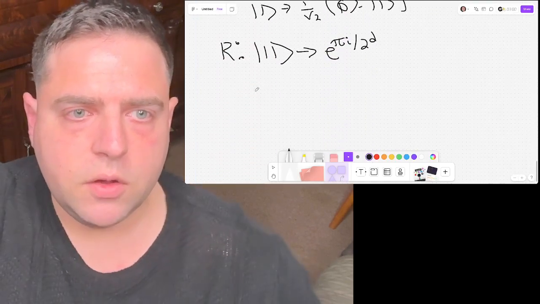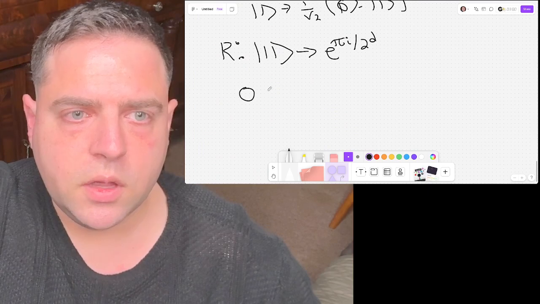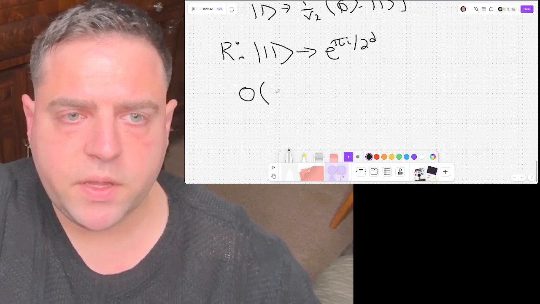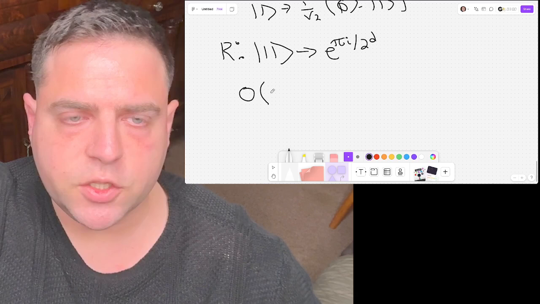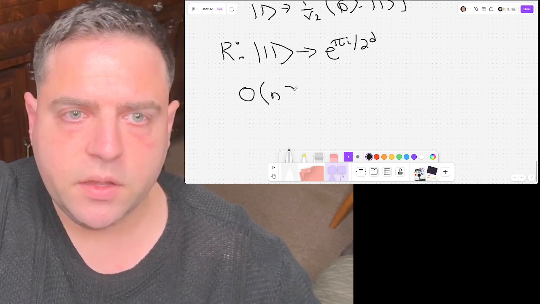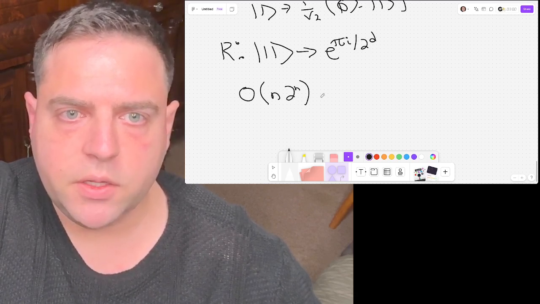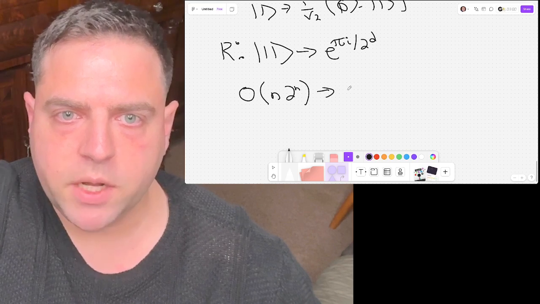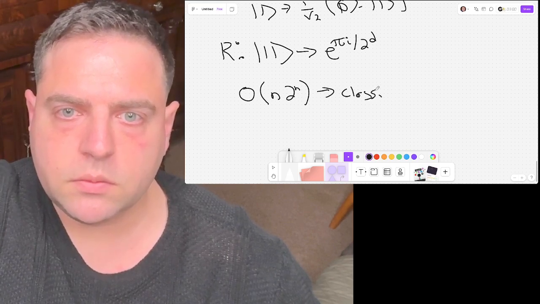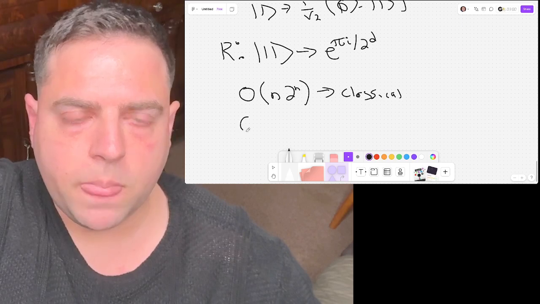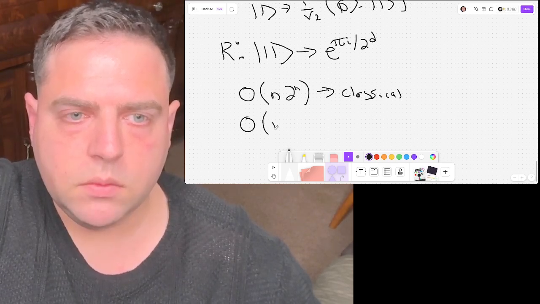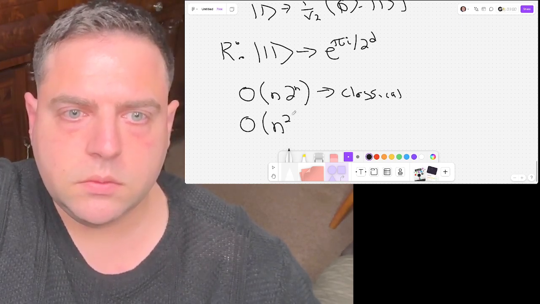Okay, so this is nice. In terms of gate size, the total number of gates in the circuit, classically, the number of gates we would need to do a discrete Fourier transform is exponential. Quantum, it's n squared.